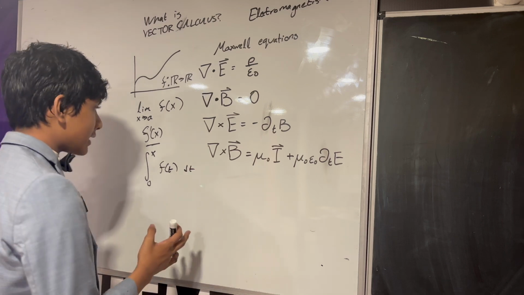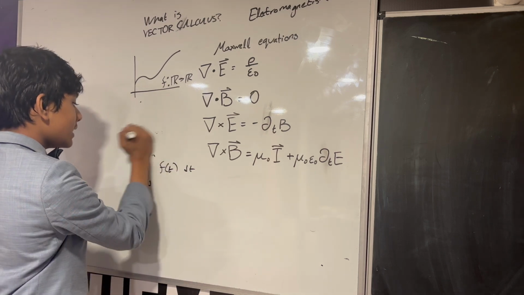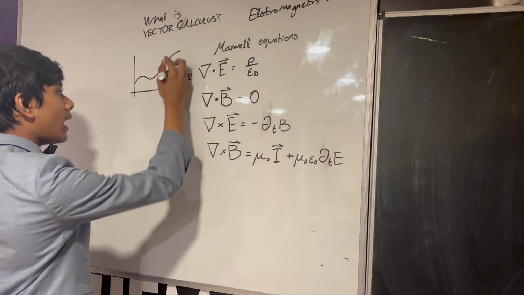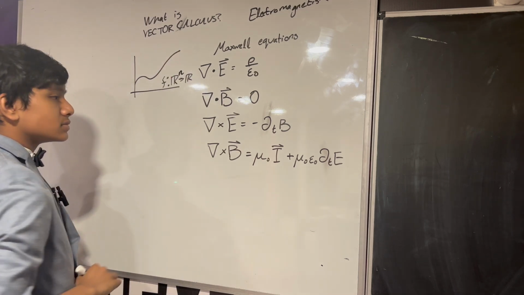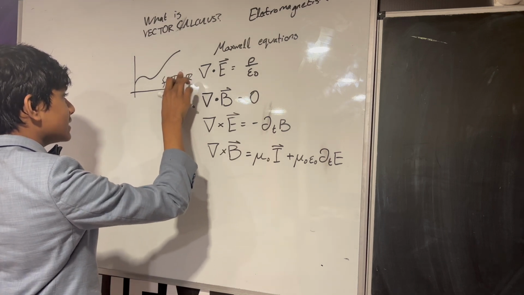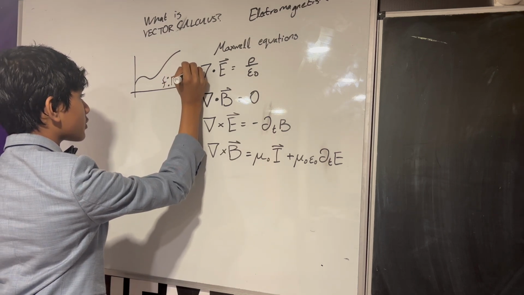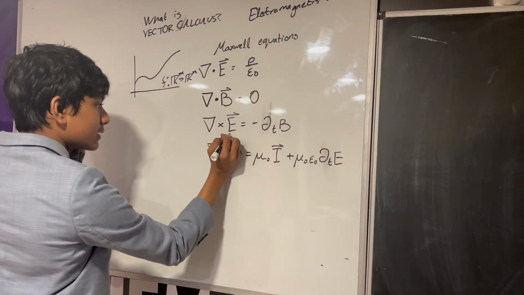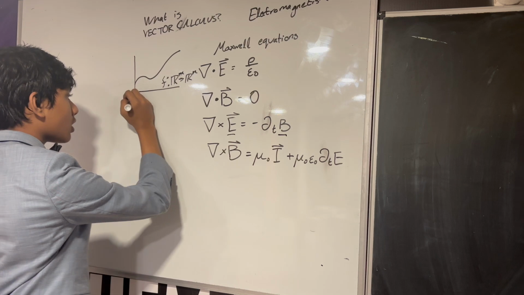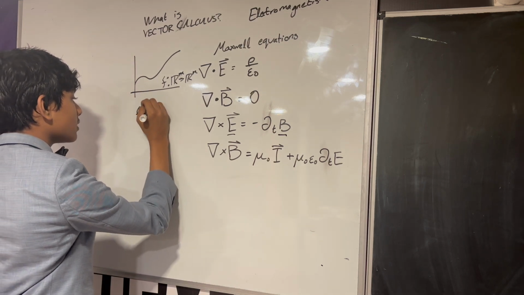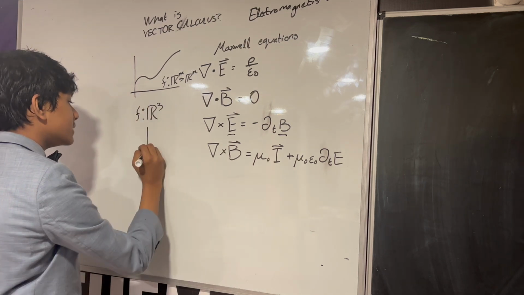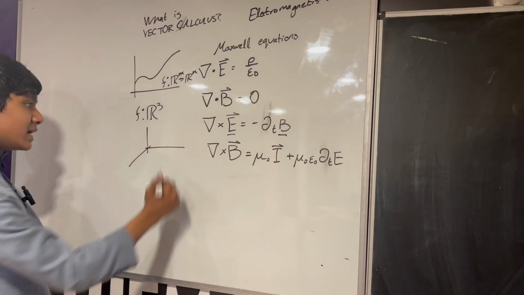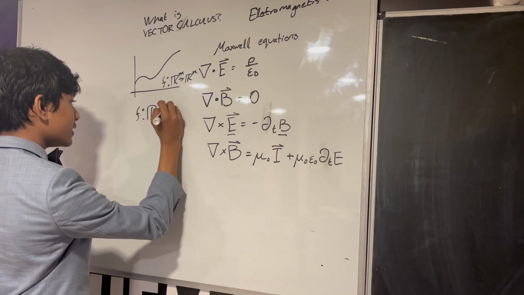But now vector calculus takes all that and says, hey, what if instead of mapping from R to R, I mapped from some number of dimensions m to some number of dimensions n? In this case, the electric and magnetic fields are both functions that map from R3, which means the space that we all live in, three-dimensional space, to R3.